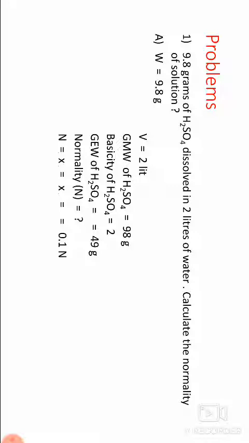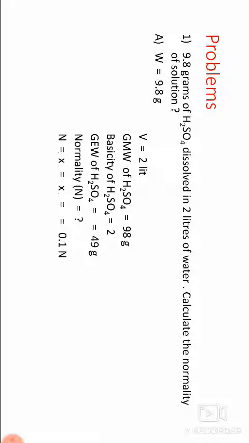The ratio of molecular weight to the total valency of cations or anions is the equivalent weight of salt. The equivalent weight of salt is the ratio of molecular weight to the total valency of cations and anions.